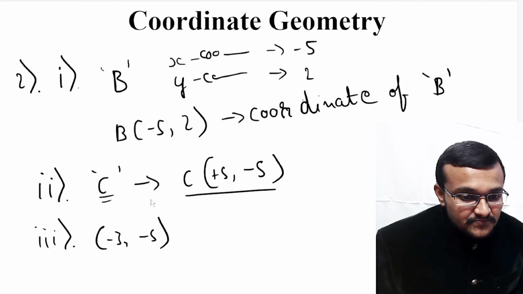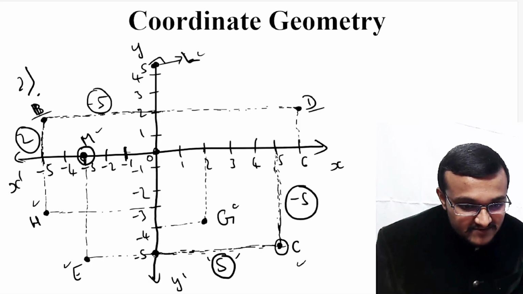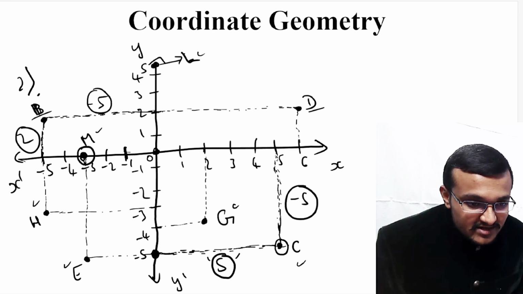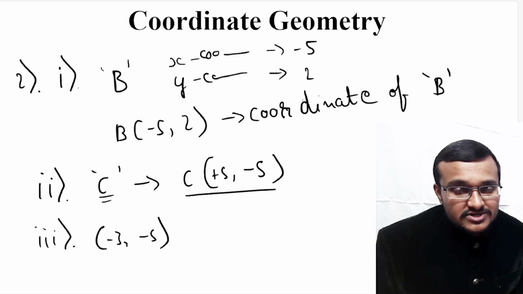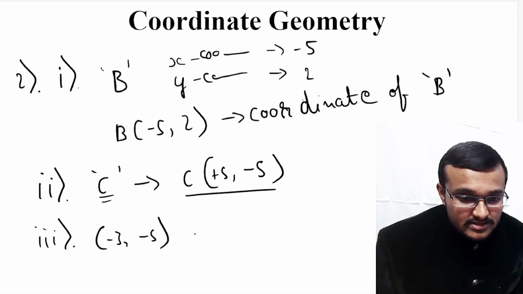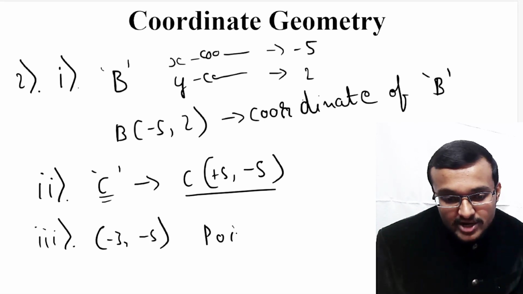Now if you draw a perpendicular line from minus 3 and from minus 5, these two perpendicular lines meet at this particular point, which is point E. So the answer for this third question in this exercise 3.2 is point E.